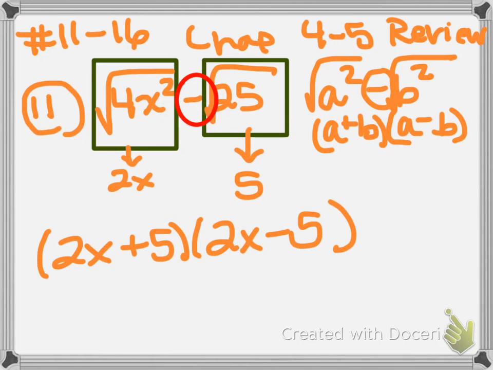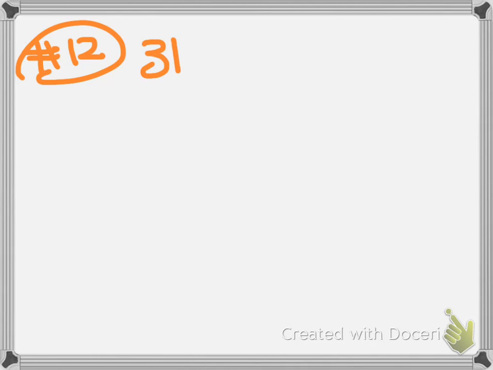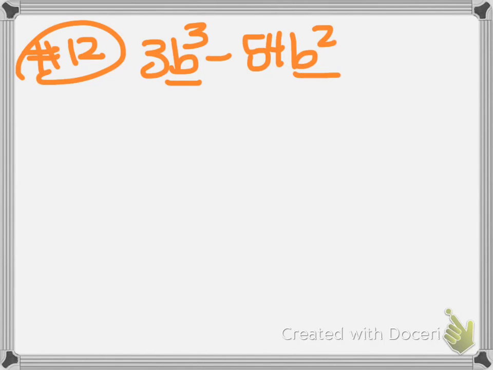That's number 11. Number 12, 3b cubed minus 54b squared. Now we're looking at this, and again, we have only two terms. We do not have perfect squares at the moment. But we do notice that there are 3 b's here and 2 b's here, b times b times b and b times b.